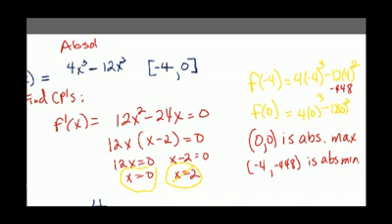Now if I would have had a different range, let's say this range was a 4, then this 2 would have been plugged in as well as the 4. F of 4 would be 4 cubed, 256, minus, right, so it would be the same entry but a minus sign in between.